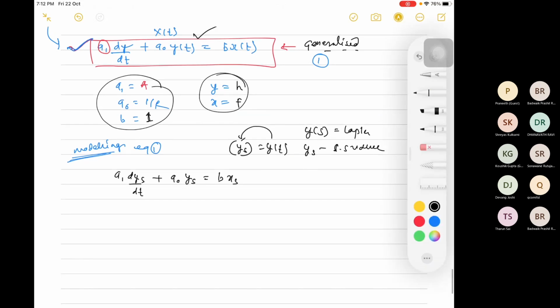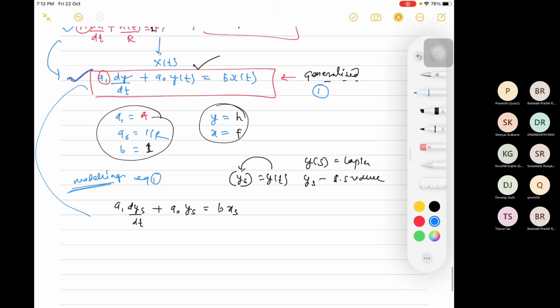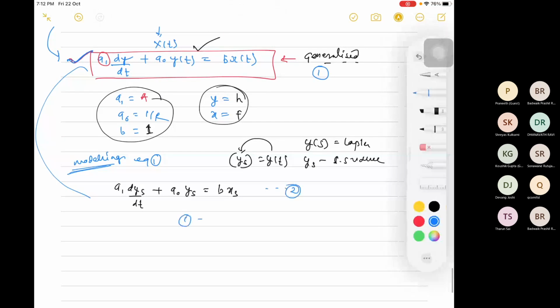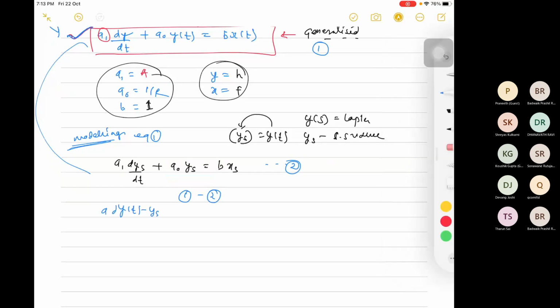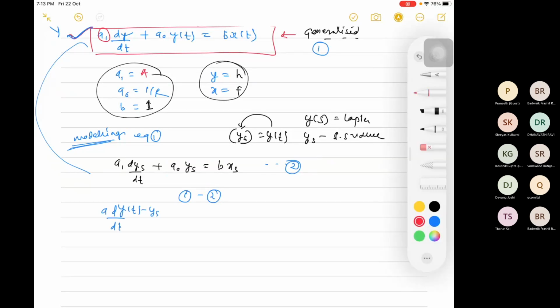This is your equation 2. Next step is what? You will subtract equation 1 minus equation 2. So here you get y of t minus y_s in a1 d/dt, plus a naught into y of t minus y_s, is equal to b into x of t minus x_s. Now these are capital X of t and capital Y of t.